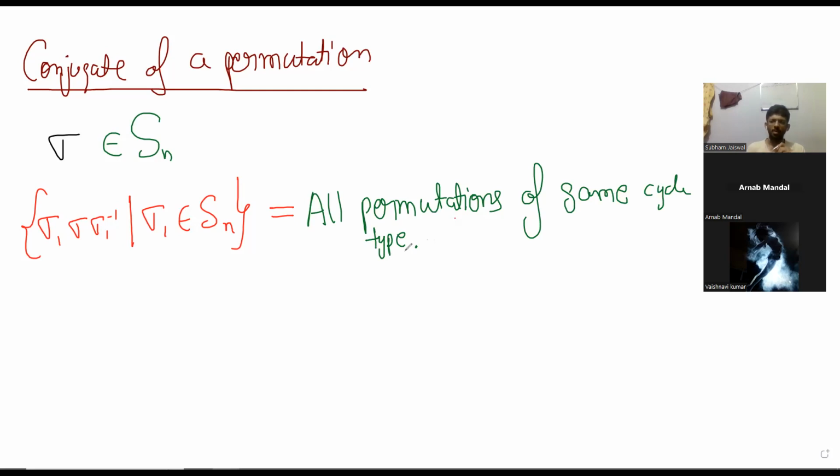Cycle type I am not defining. Cycle type is basically a permutation, right? So see if I need to define cycle type. Let's check.